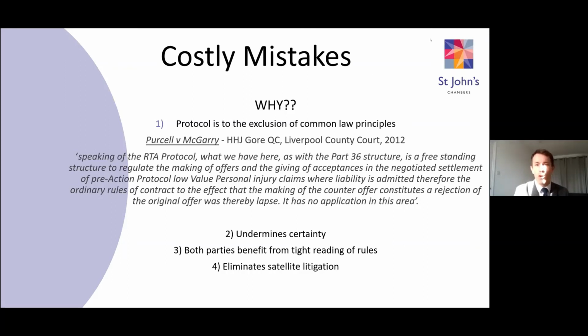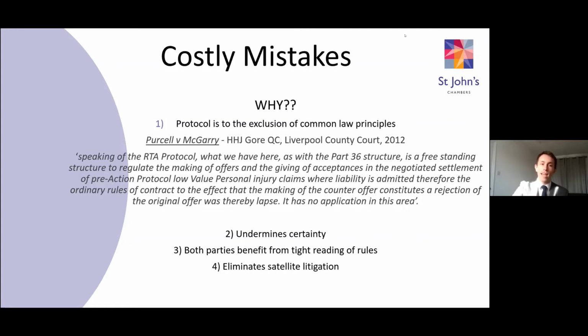Again, not to quote from judges at length, but what we can see is he says here, in effect, that the RTA protocol is a freestanding series of rules into which common law principles should not be inferred. Now, that is for a number of reasons.